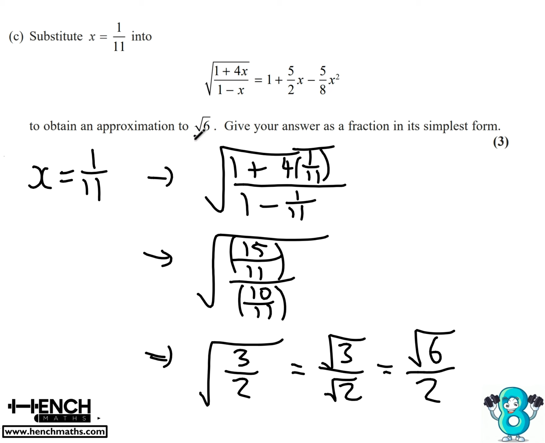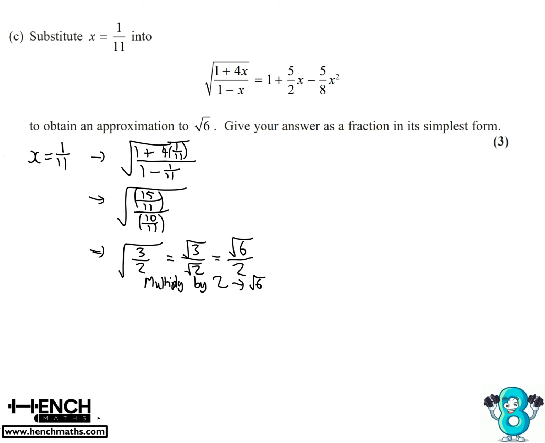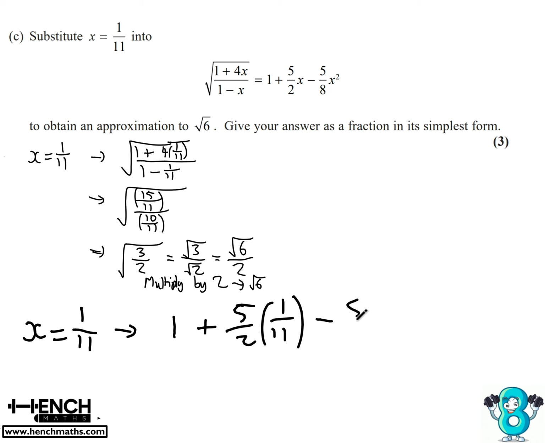It wants us to approximate root 6, so what we're going to need to do is multiply by 2 to get our root 6. So because the root of 1 plus 4x all divided by 1 subtract x is approximately equal to 1 plus 5 over 2x subtract 5 over 8x squared, that means if we sub x equals 1 over 11 into our expansion, we're going to get 1 plus 5 over 2 times 1 over 11 minus 5 over 8 times 1 over 11 squared.